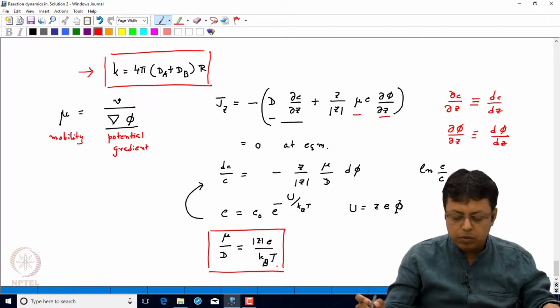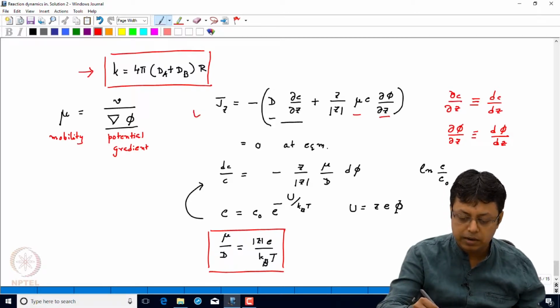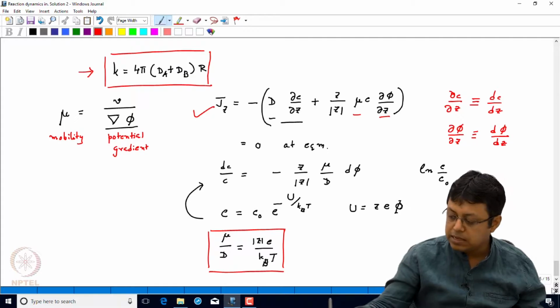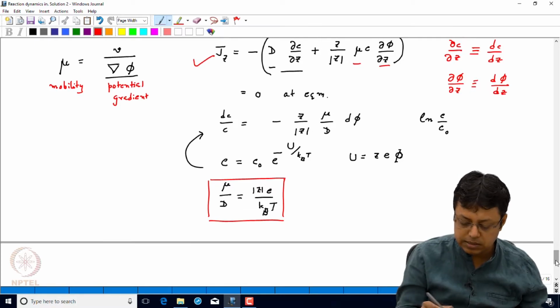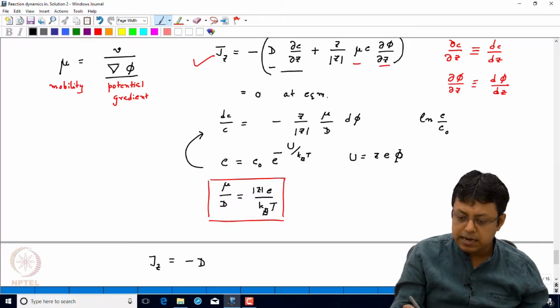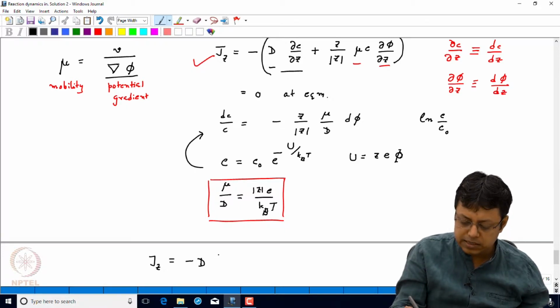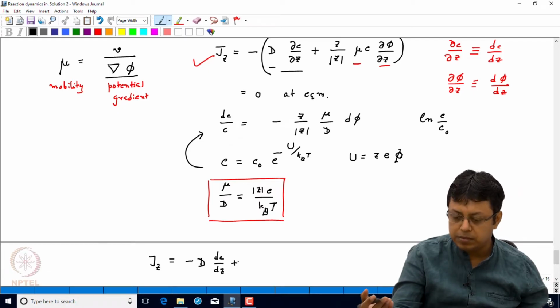And then the total flux now becomes in terms of whatever we have written here. So you can rewrite this equation as, let us follow the first equation, which was Jz, the Z component of the flux, is nothing but minus D into del C del Z, I can write it as dc dz right now, plus I had z by magnitude of z, and times mu c into d phi dz.